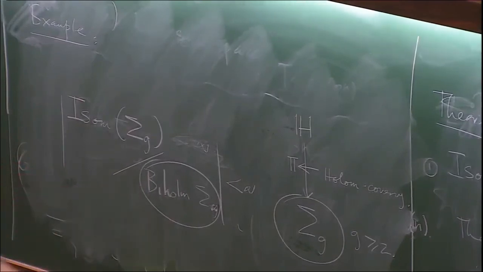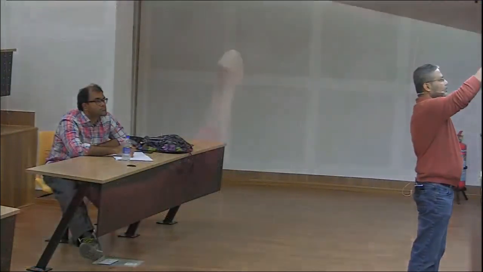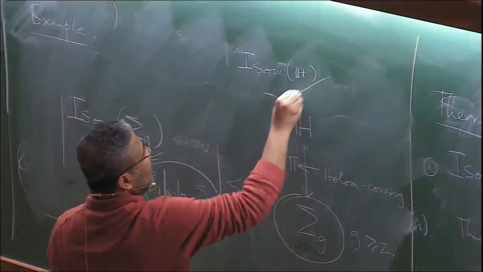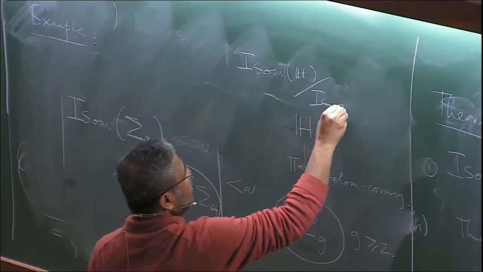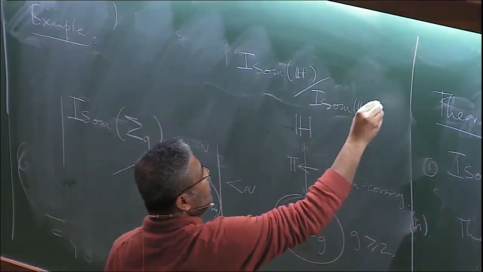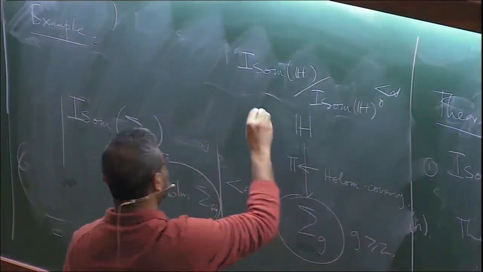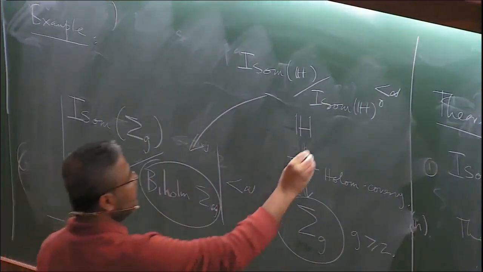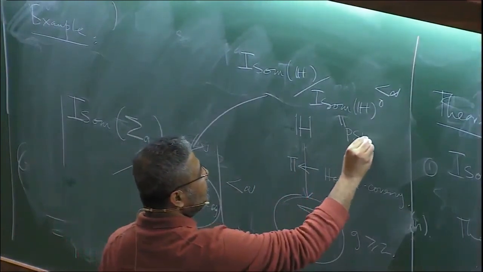I think it is an index at most 2 subgroup. I am not sure, but because this is finite, this follows from this. And this is PSL(2,R).